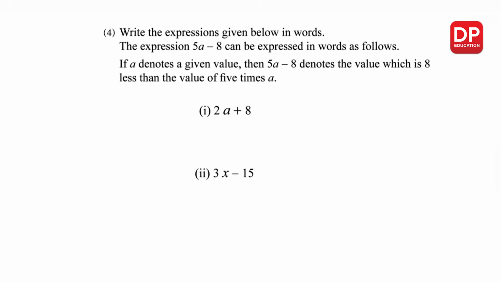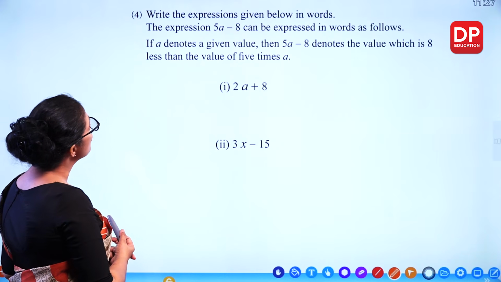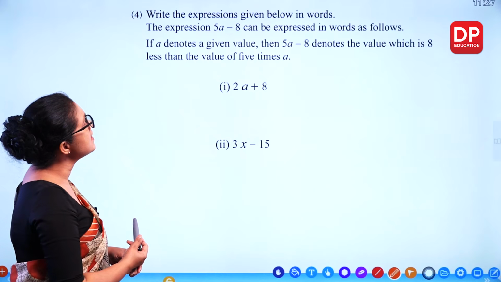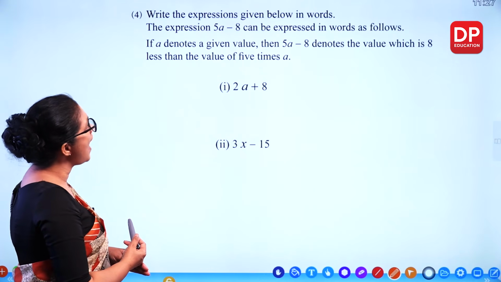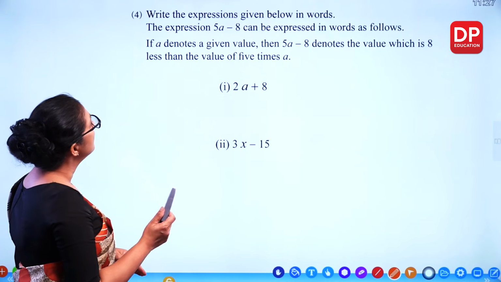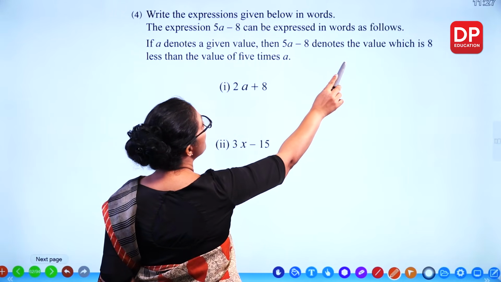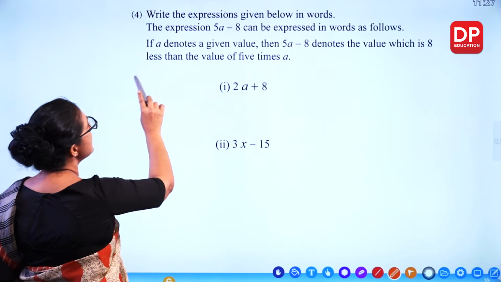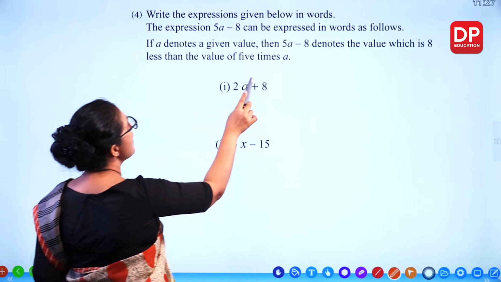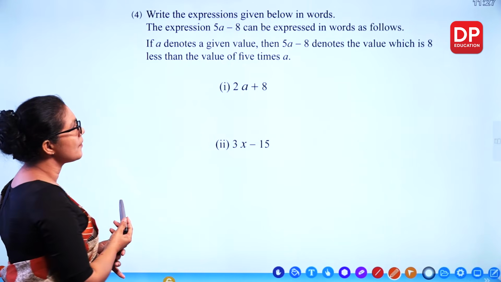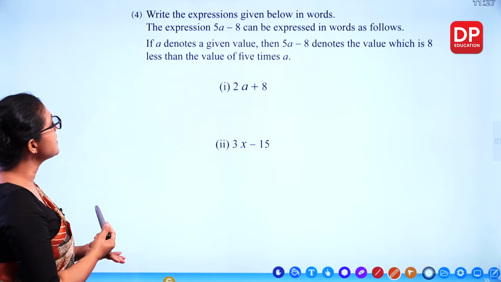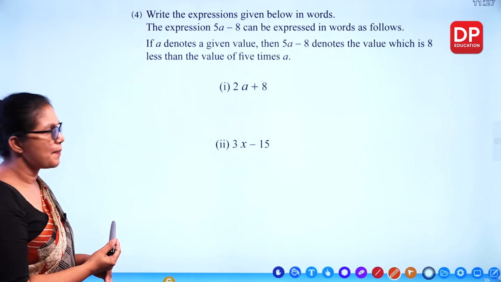Question number 4. Write the expressions given below in words. The expression 5a minus 8 can be expressed in words as, it says, the value which is 8 less than the value of 5 times a. 8 less than the value of 5 times a.